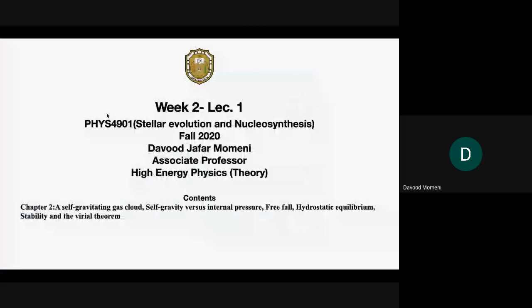Today's business is the second chapter. In the first chapter, we read some basic information about luminosity and star formation, some introductions, and we listed the four differential equations needed to study stellar formation. As you remember, one equation was related to hydrostatic pressure, the gradient of pressure.